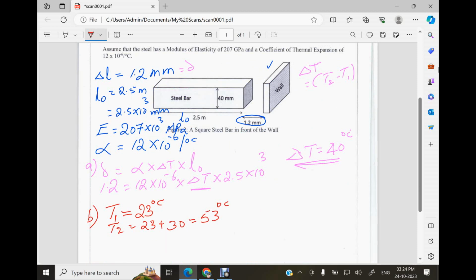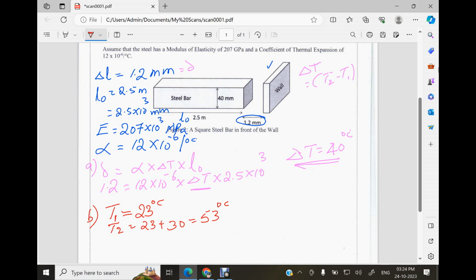This is your T2. Okay? Fine. So now, what he wants, your delta T is nothing but 30 degrees Celsius, is it not?